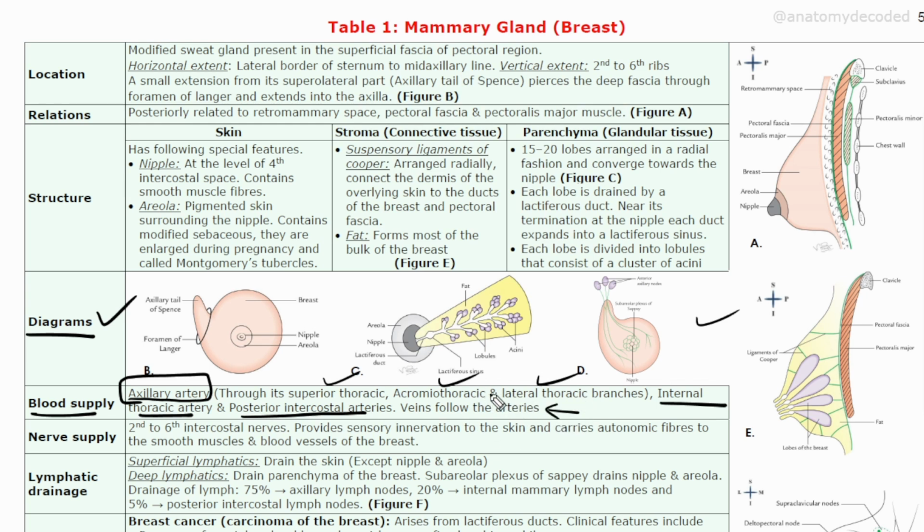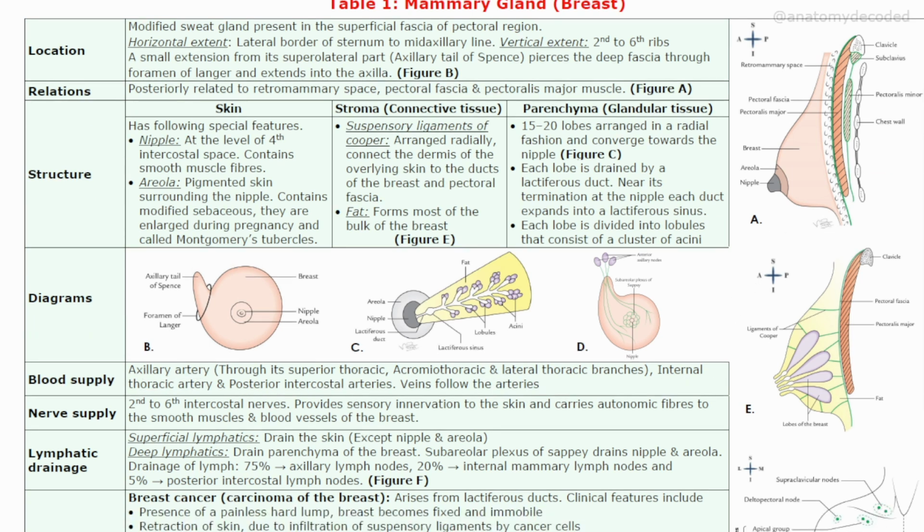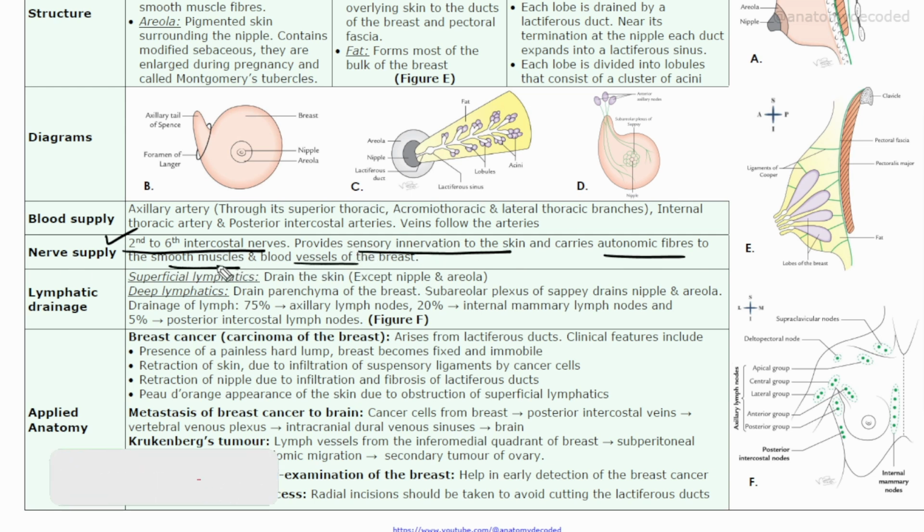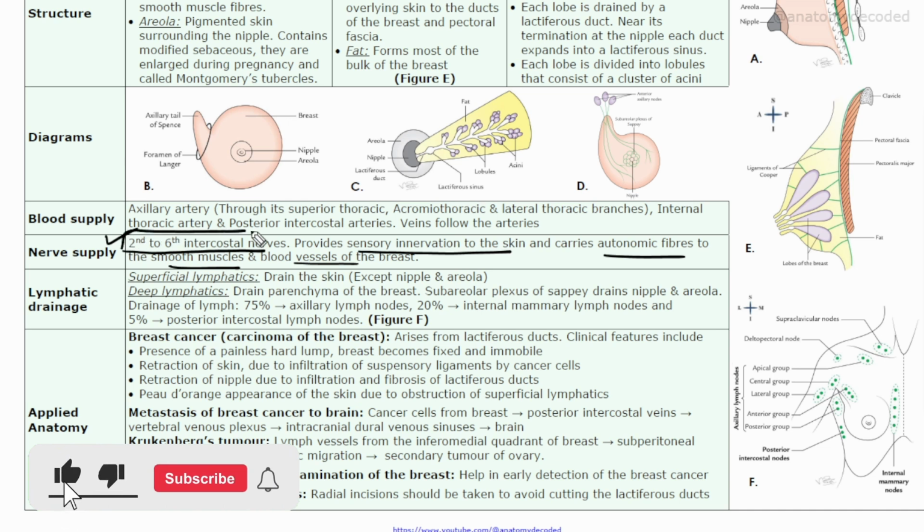Venous drainage will be according to the arteries supplying it. Then let's look at the nerve supply. Nerve supply is by the second to the sixth intercostal nerves. They provide sensory innervation to the skin and carry autonomic fibers to the smooth muscles and the blood vessels. So nerves that you need to remember are the second to the sixth intercostal nerves.